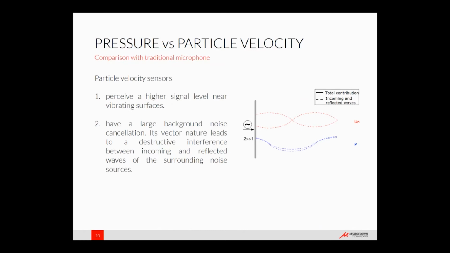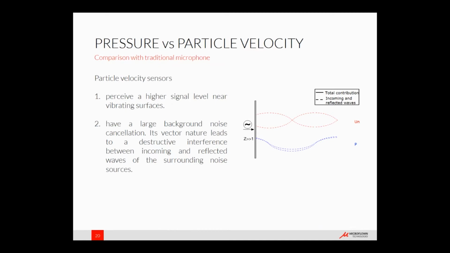The cool thing about particle velocity is that it is a vector quantity. As you can see here, it has a plus and a minus. So if sound is coming from one side compared to the other side, it's 180 degrees out of phase. So with particle velocity, if it reflects, if we consider a completely rigid surface as full reflection, it gets the same amplitude, but it's 180 degrees phase shifted.